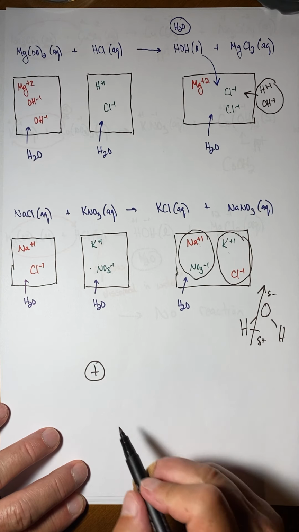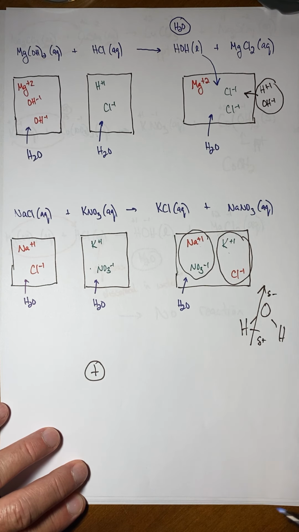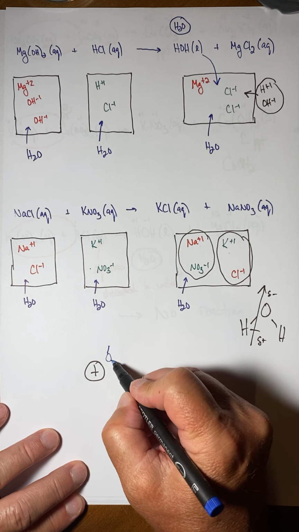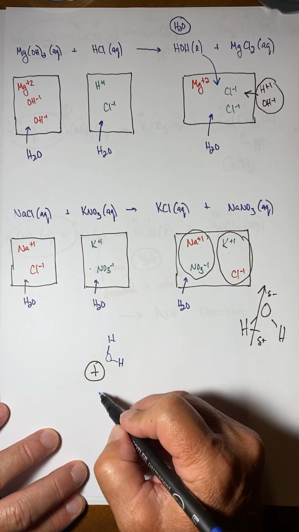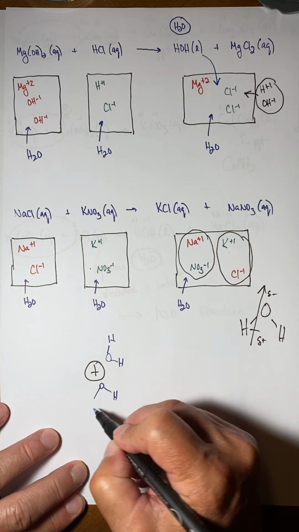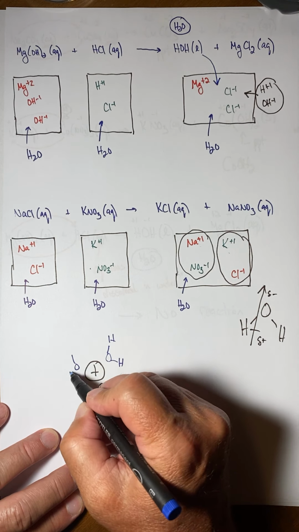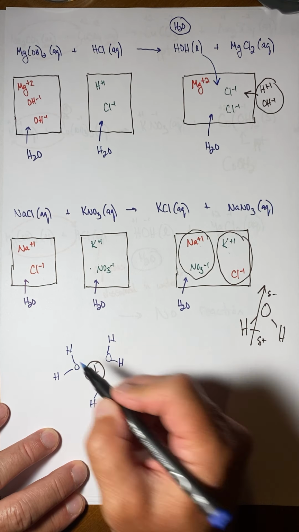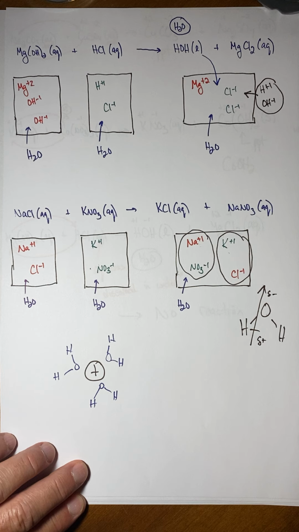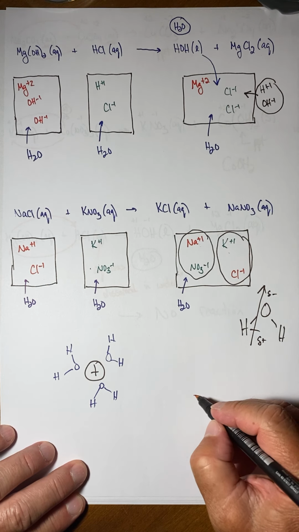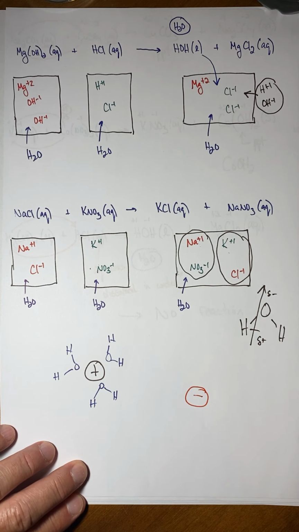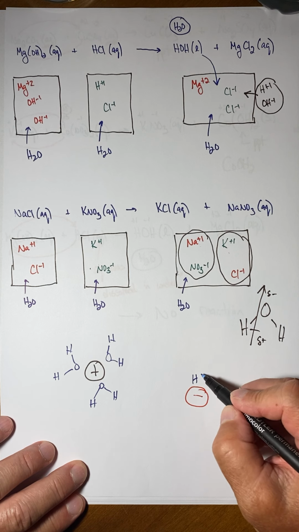So what happens is, when you have a positive ion, water will surround this ion with the slightly negative end, which is the oxygen end, surrounding it. And then the negative ion is going to have water surrounding it as well.